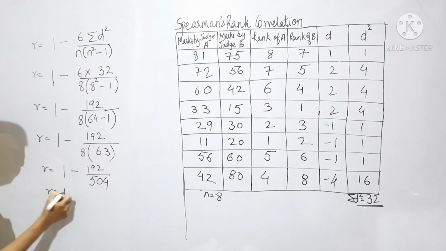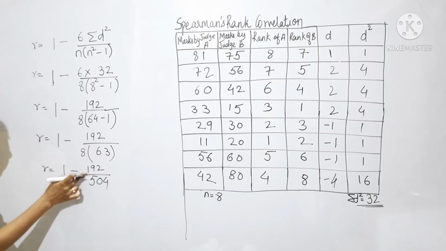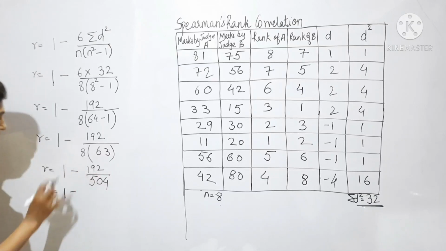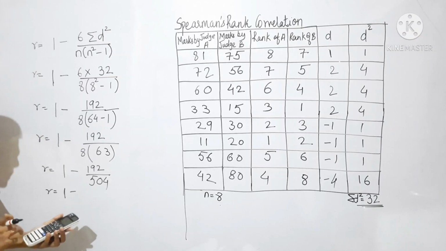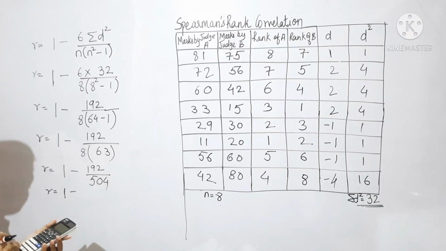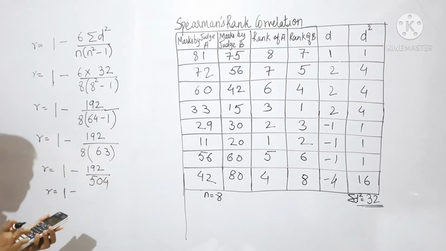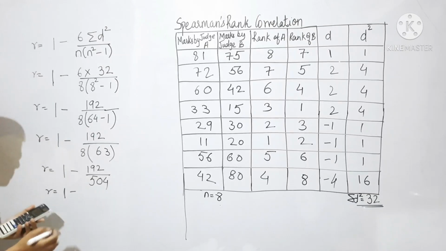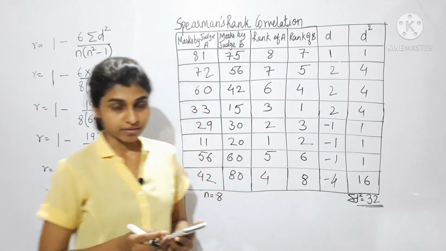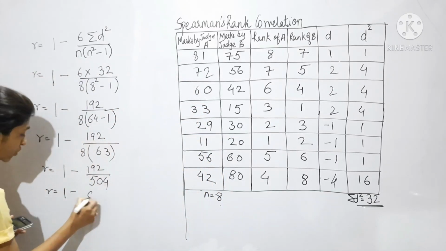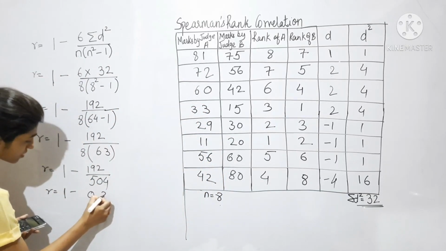r is equal to 1 minus, now divide 192 by 504. 192 divided by 504, the answer is 0.3809. Check whether you are getting the correct answer.